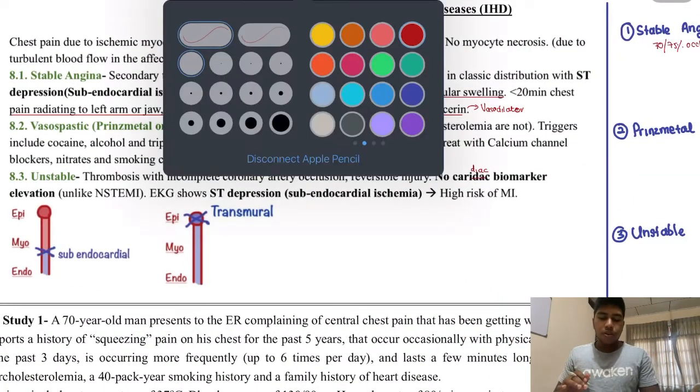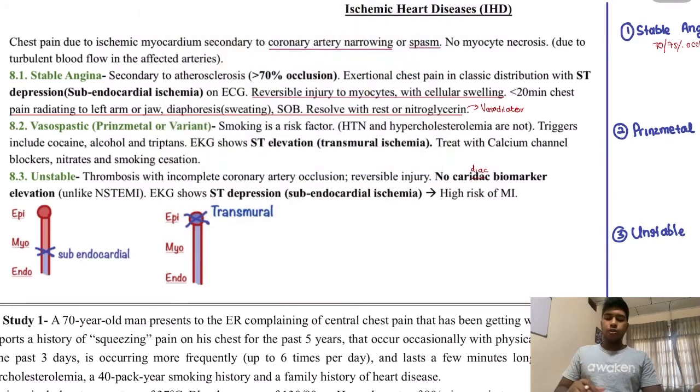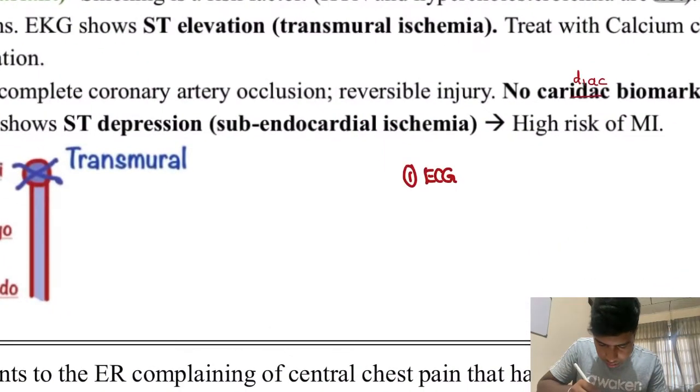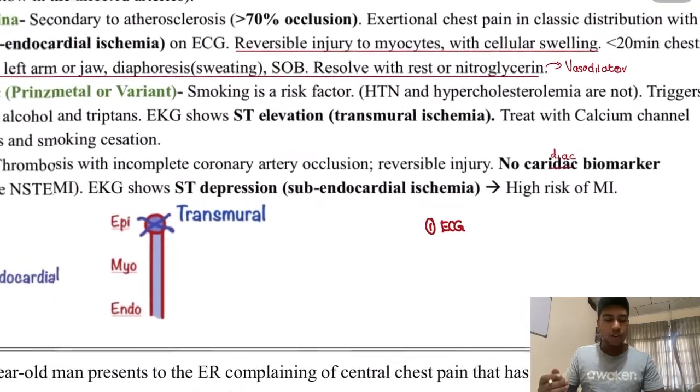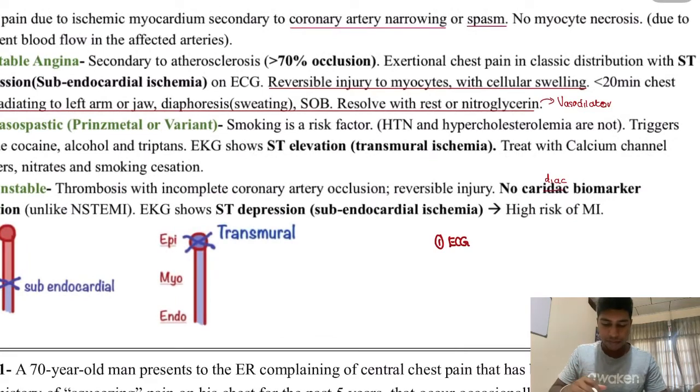Now I will talk about how you manage a patient who comes to the hospital. So when a patient with chest pain comes, the very first thing you do is get an ECG. The patient comes telling you he has chest pain, difficulty breathing, or you see he's sweating.